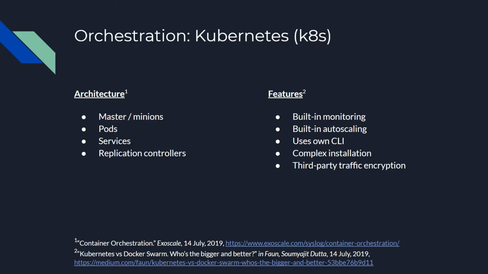So with the features, the two big ones for Kubernetes, built-in monitoring hooks, very easy to add monitoring into Kubernetes. Commonly, you use an ELK stack of some kind, which is your Elastic, Logstash, and Kibana stack. Prometheus can be used very easily to monitor the health of your cluster, and that can also be used in your auto-scaling. And Grafana is commonly used to monitor the containers.